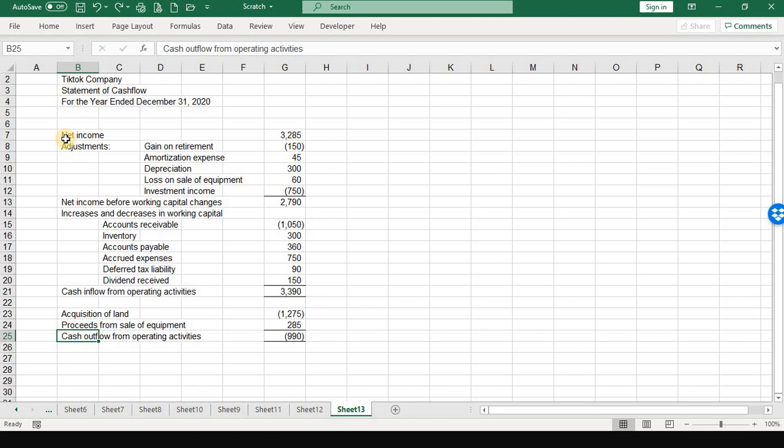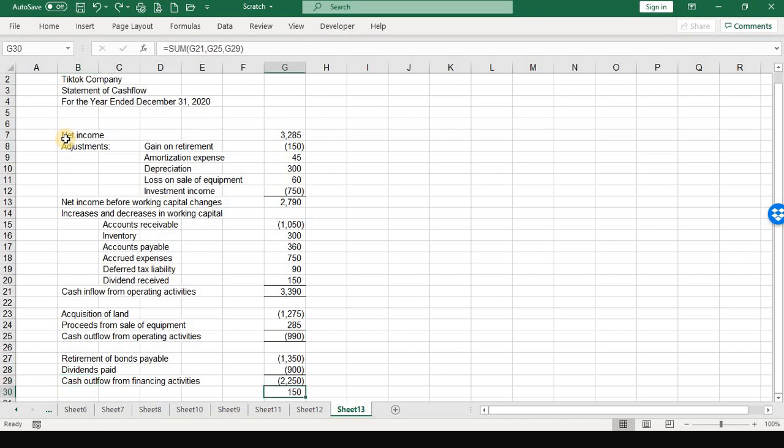So for financing transactions, we only have two transactions. So that is retirement of bonds payable for 1,350 pesos. So that is negative. Dividends paid of 900 pesos. So that will give us a 2,250 peso negative, which is a cash outflow from financing activities.